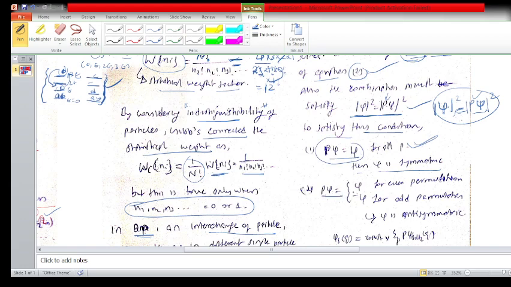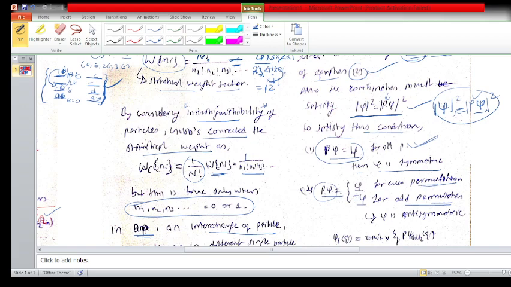Another is P psi equal to psi or minus psi. If it is psi, that stands for an even permutation, and if it is minus psi, that is an odd permutation. If you apply the permutation operation on psi and get psi, it is called an even permutation. If it gives you minus psi, it is an odd permutation.